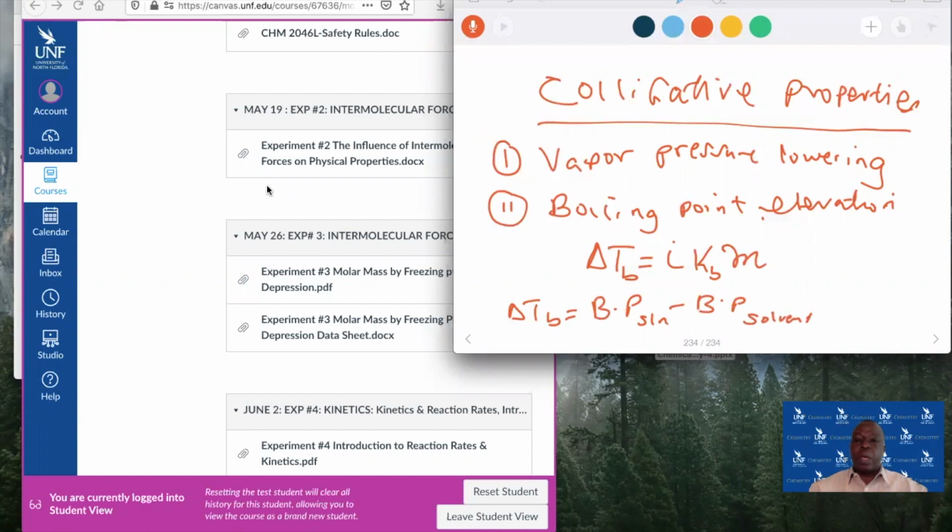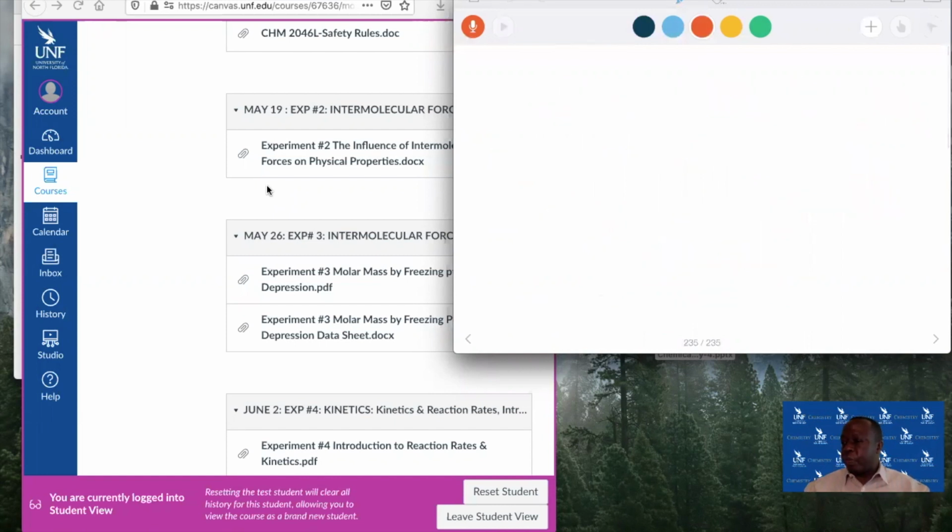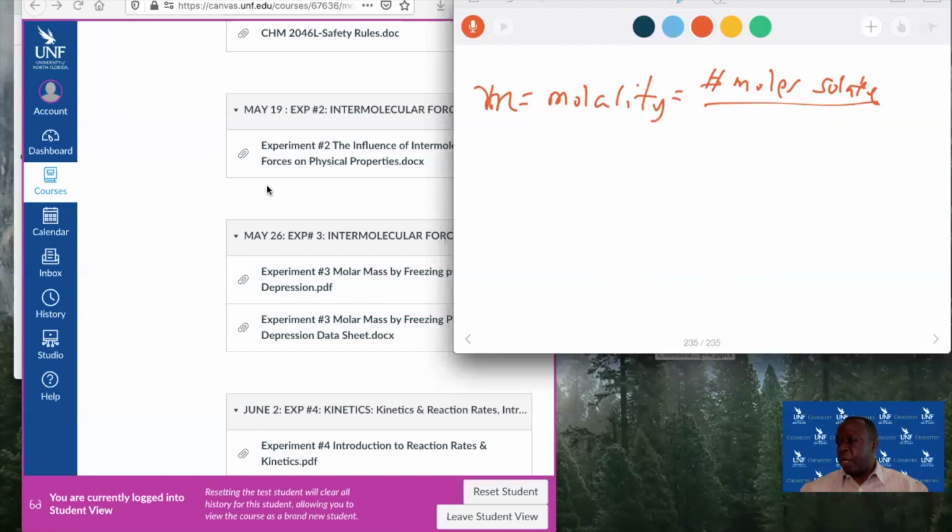You can use this equation or you can be given the values. The m here, you should know, is molality, and this is determined by finding the number of moles of solute, which means you should know what a solute is, what a solvent is, over the mass in kg of not the solution but the solvent.